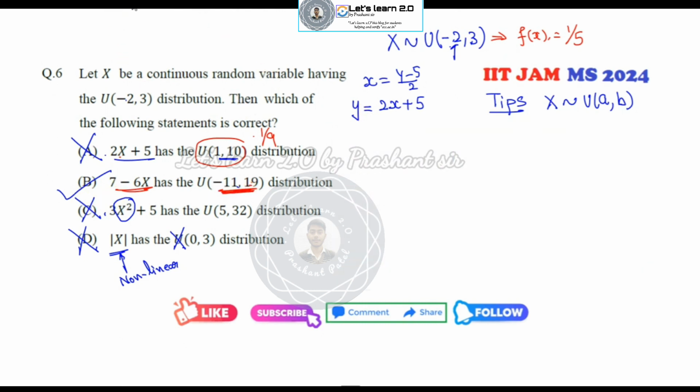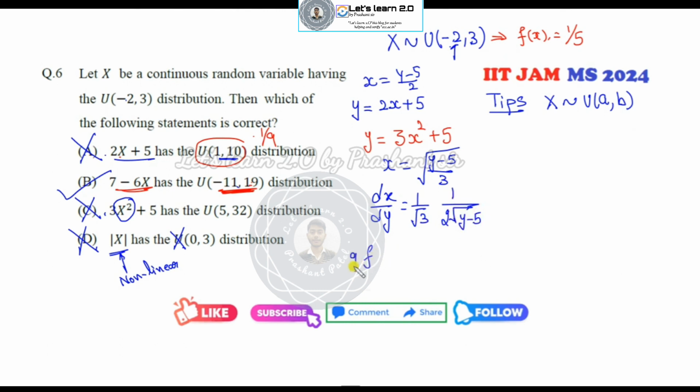Look at this another one. If I take y is 3x square plus 5, can you find the value of x from here? So it is root of y minus 5 over 3. What is the dx over dy? So 1 by root 3 I can write outside, and it's 2 times y minus 5. Then what is g of y? 1 over 5 PDF into this.